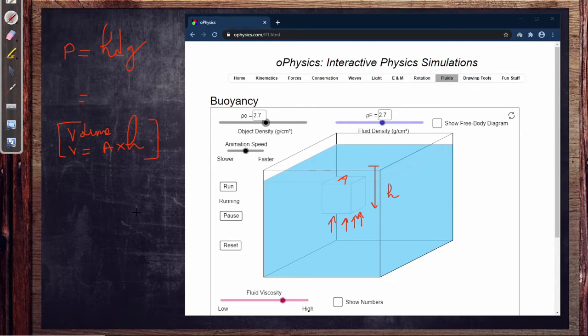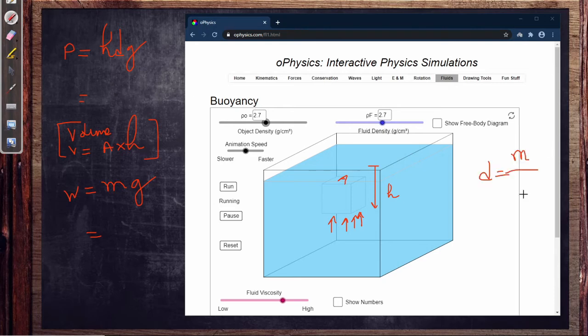Alright, so we got the volume. So in our last class I told you the pressure is actually happening by the weight of the water layers. So here we also have to check out the weight. What do you mean by weight? Weight means W equal to mg. Oh, mg. I'm just kidding. So W equal to mg, where m means the mass.